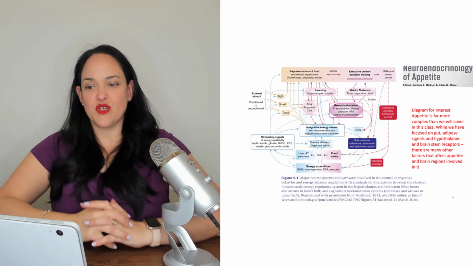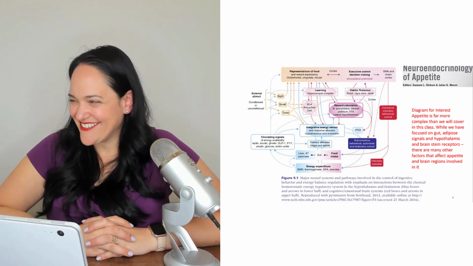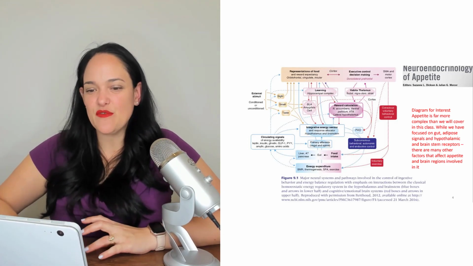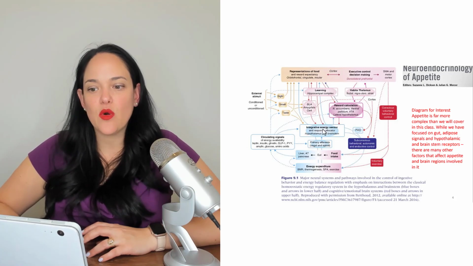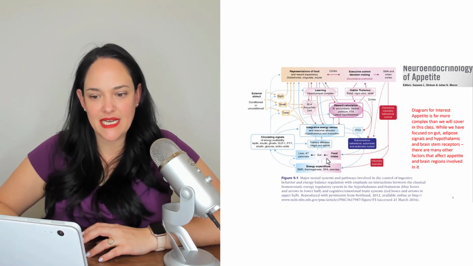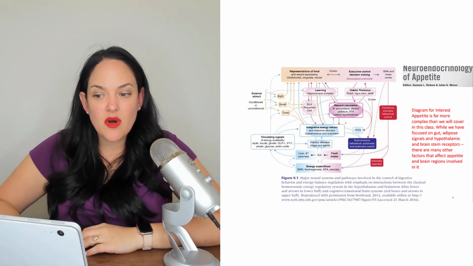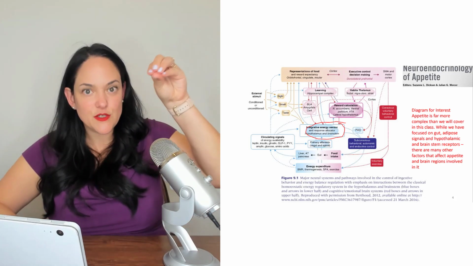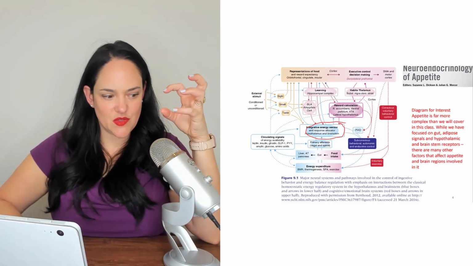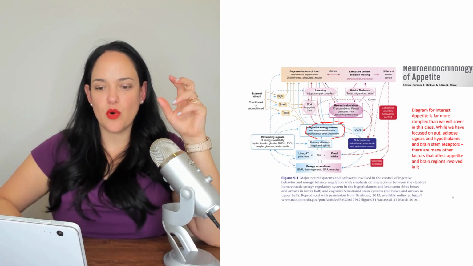Okay, so this slide again is a complexity slide. We've seen this before, and again I just wanted to remind us of how complex appetite is. So what we've mostly been focusing on is the hypothalamus, and it's that central location where appetite is located more or less in the brain.